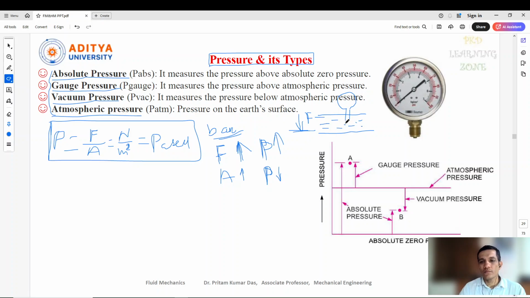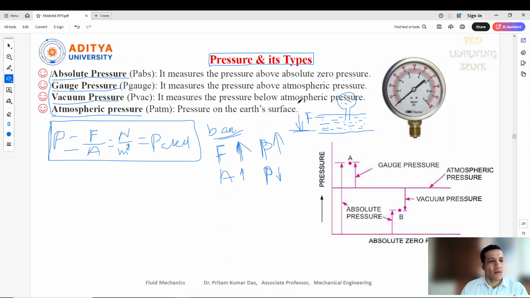So that the technician or operator can identify what the pressure level at this pipe is. If any kind of problem occurs, they can immediately take action. That's why pressure measurement is very important in all these areas.